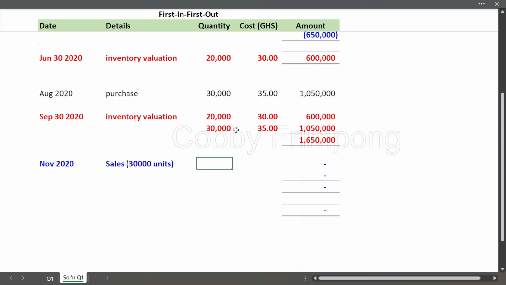Our closing inventory shows 20,000 at 30. We sell that out first: 20,000 units at 30, and then 10,000 units at 35. Giving us a total cost of sales of 950,000.